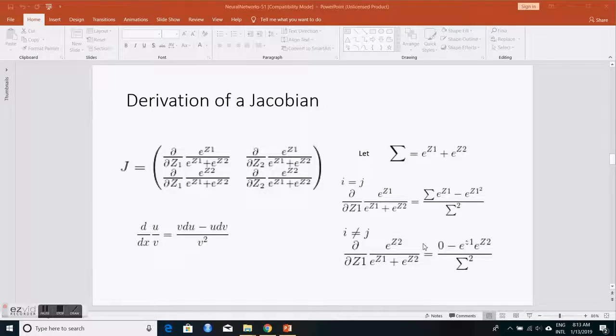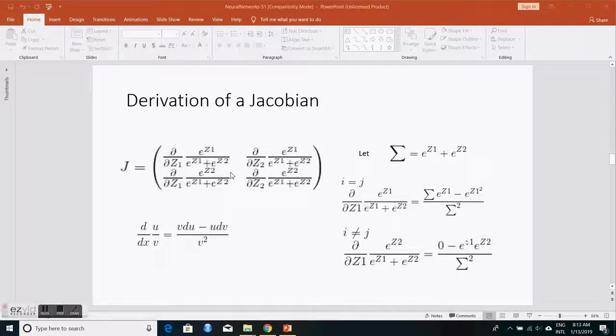Now let us see how to do the derivative of this. I have just rewritten that same matrix here with the derivatives, and we use the quotient rule: d by dx of u by v is equal to v du minus u dv divided by v square. Now let us denote this denominator by the symbol sigma, which is e power z1 plus e power z2.